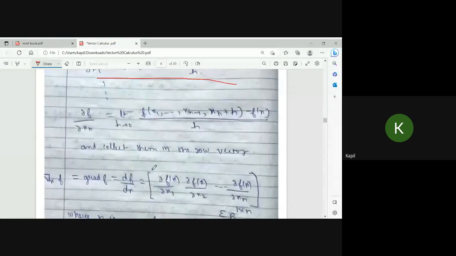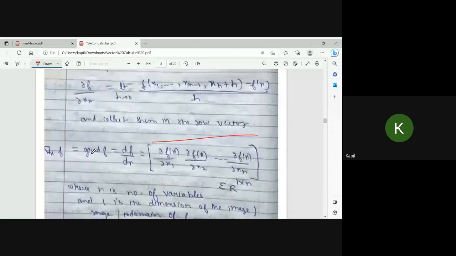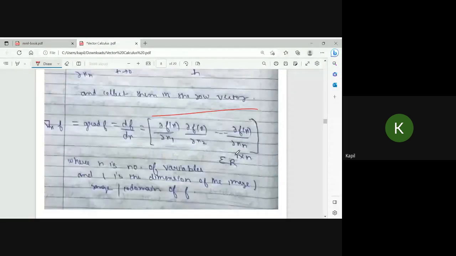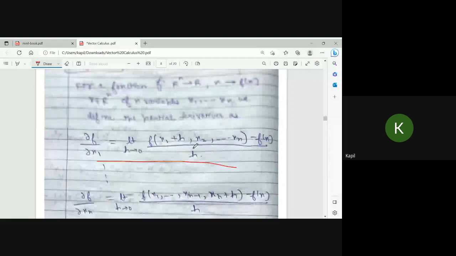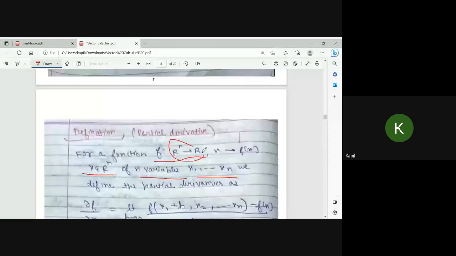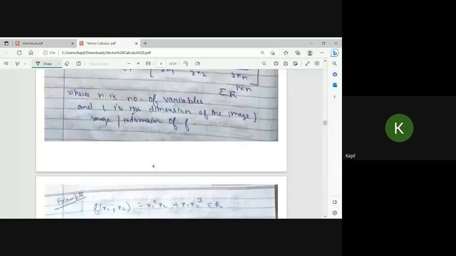As we know, the gradient is the collection of all the partial derivatives. So del f by del x1 up to del f by del xn we collect in a row vector, which becomes a 1 cross n matrix. This is the gradient of f when our function is R to the power n to R, where n is the number of variables and 1 is the dimension of the range.